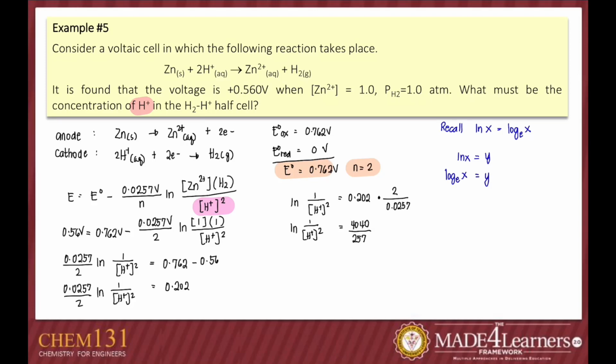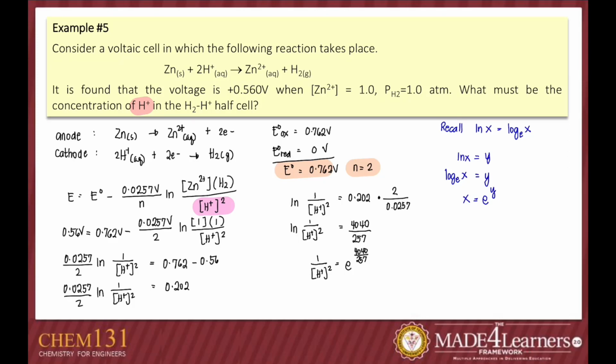When you change this to exponential form, what remains on the left side is x, and since the base is e, y becomes the exponent. It's the same here. What remains on the left is 1 over H+ squared, equal to e raised to the power of 4040 over 257.